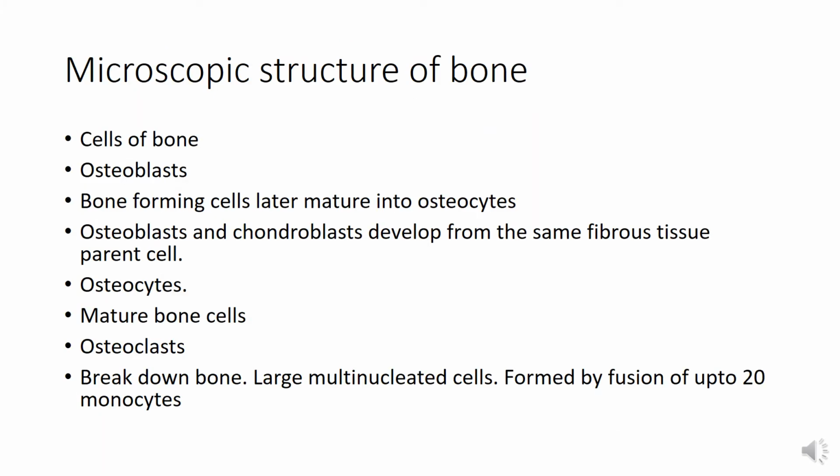Now the microscopic structure of the bones. As I have told you, bone is a strong and durable type of connective tissue, and its major constituent, that is 65%, is a mixture of calcium salts, mainly calcium phosphate. This mineralized matrix gives the bone great hardness, but on its own it would be brittle and prone to shattering.